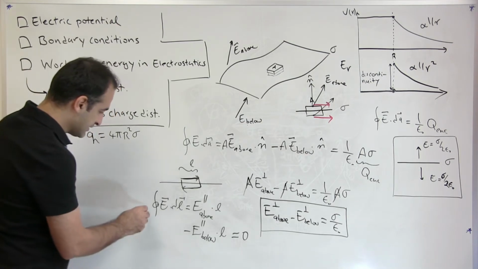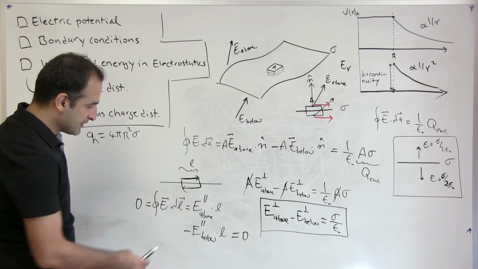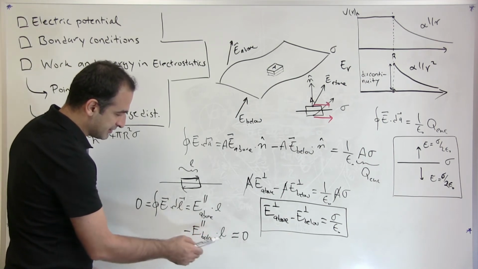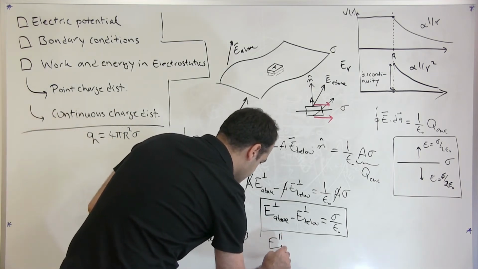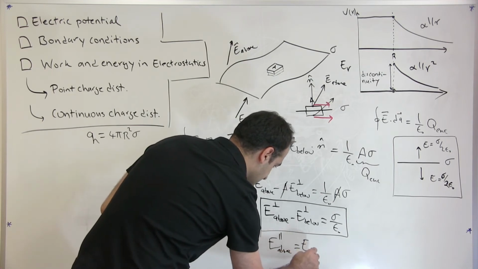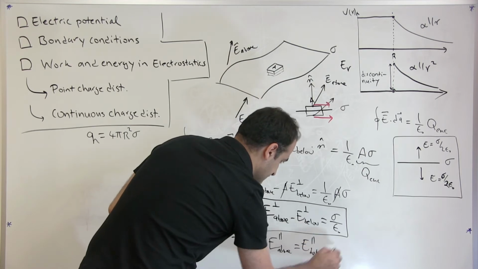This is based on the curl, which is always 0. So E above times L minus E below times L is 0. That means E above, the tangential component, should be equal to E below, the tangential component.